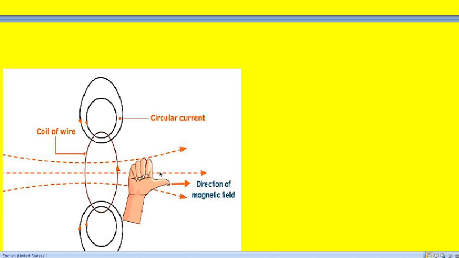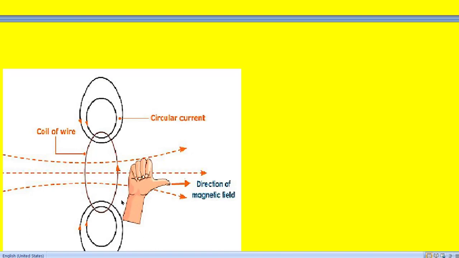Then we keep the thumb perpendicular to this curl, then we get the thumb in this direction. So this thumb indicates the direction of the magnetic flux produced by the current flowing into this coil. So this we have to keep in mind.